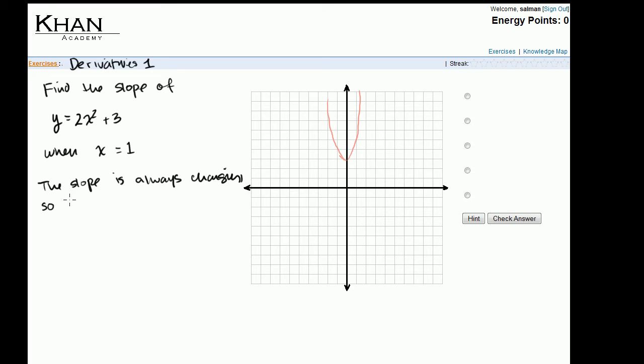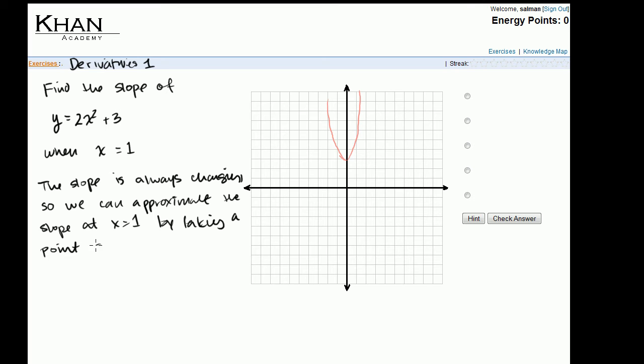So we can approximate the slope at x equals 1 by taking a point slightly away from 1, and finding the slope.